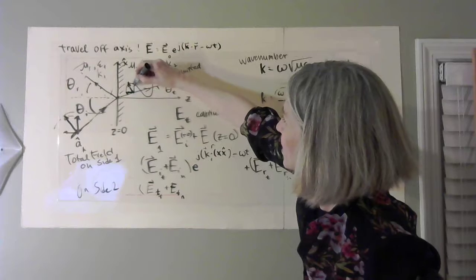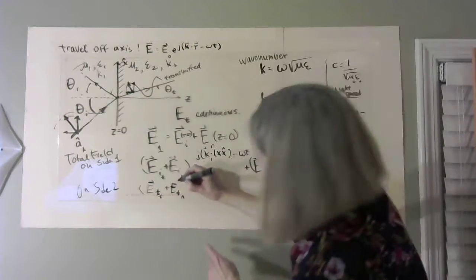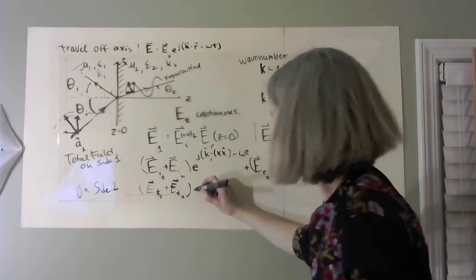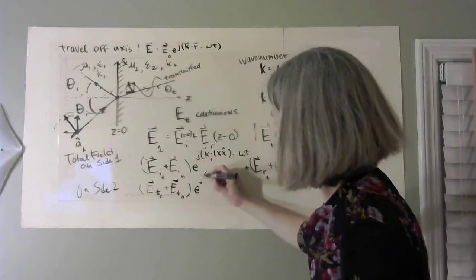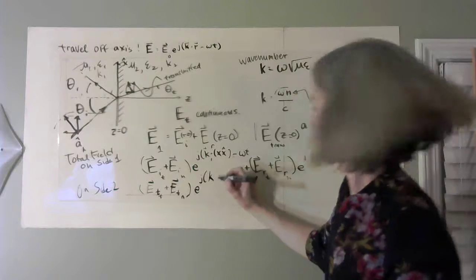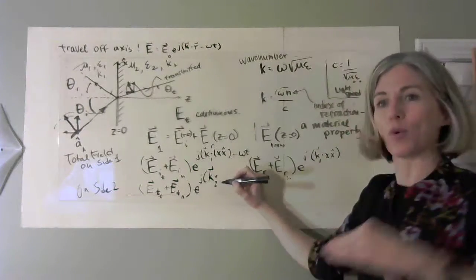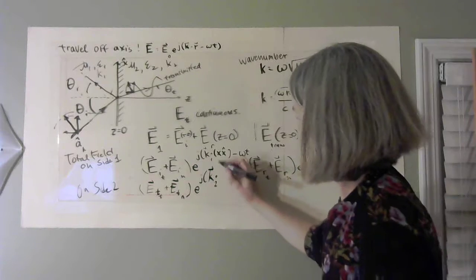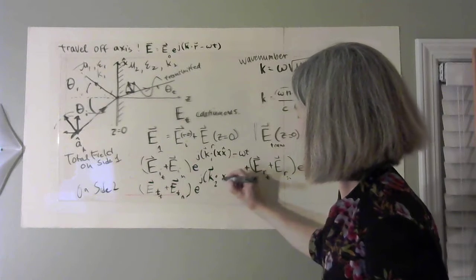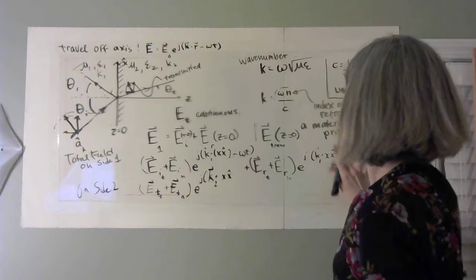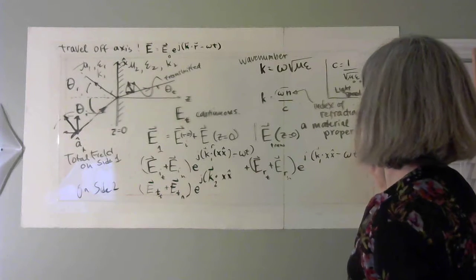This one is the tangential part. And those are just constant amplitudes. e to the j k2 dot, I'm in material 2, and I don't know what angle I'm going at, so we need to leave that. x hat, I'm at z equals 0. Oh yeah, I gotta leave my minus omega t in here.